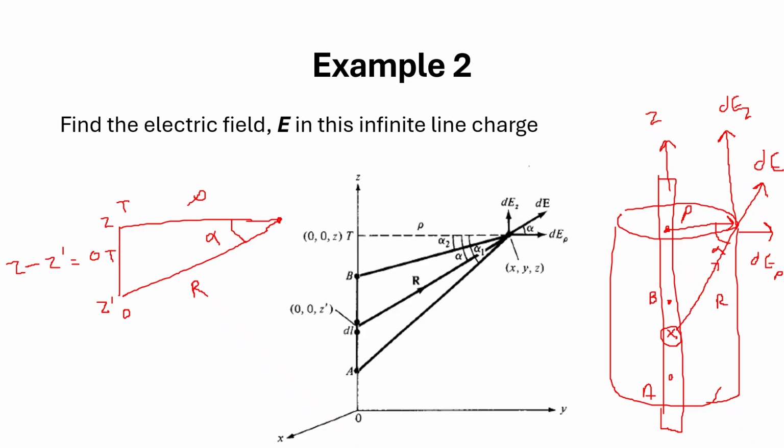The coordinate at this point P is x, y, z. And at z prime, at this origin, we have coordinate 0, 0, z prime.